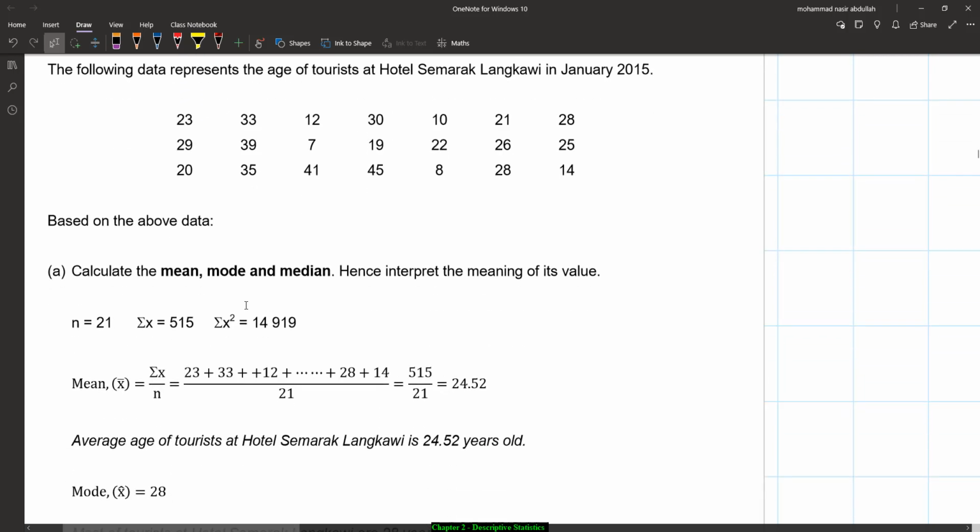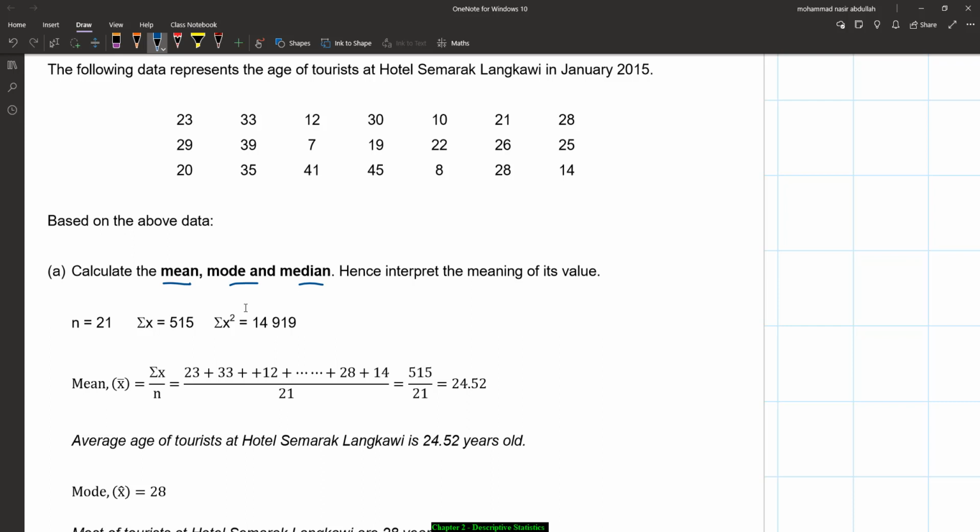The following data represent the age of tourists at Hotel Samara, Langkawi, 2015. So we have 1, 2, 3, 4, 5, 6, 7, 21 data. So we need to calculate mean, mode and median. They already give you the answer, because you want to see first before you do the real question.